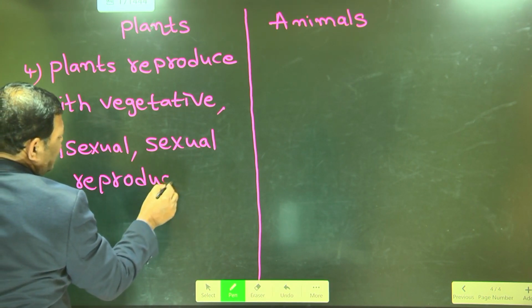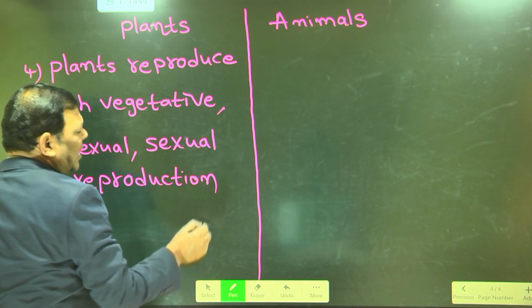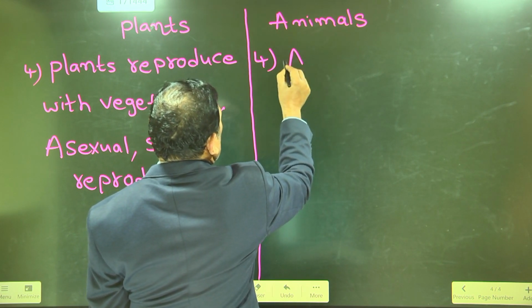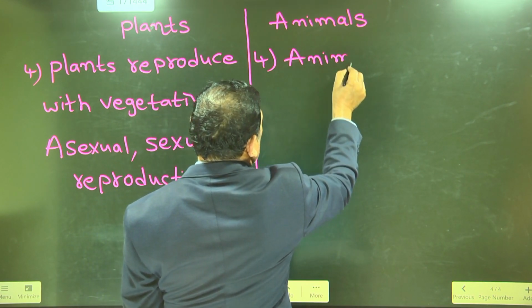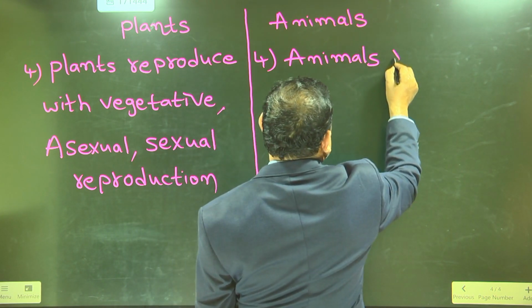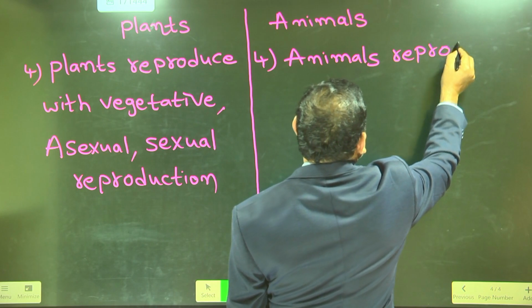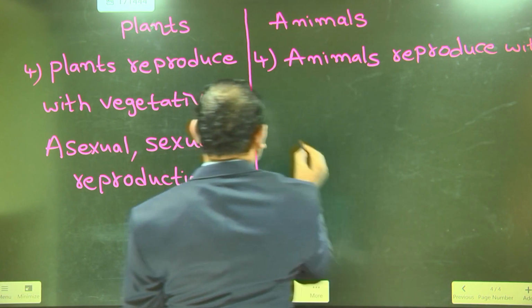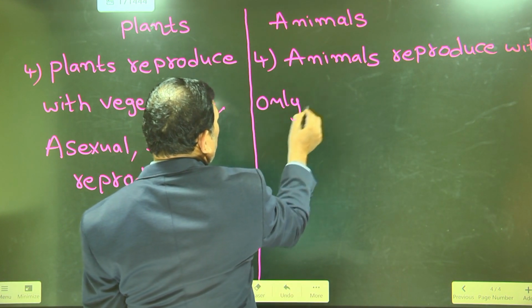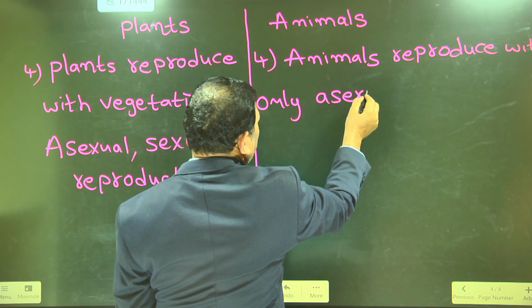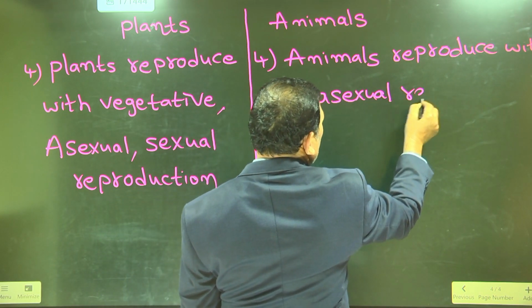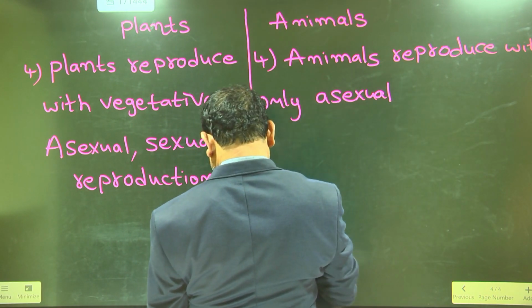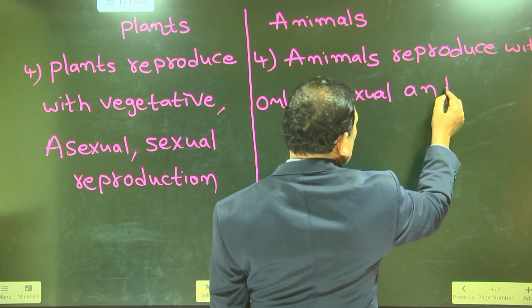If you see animals, they reproduce by only asexual reproduction and sexual reproduction.